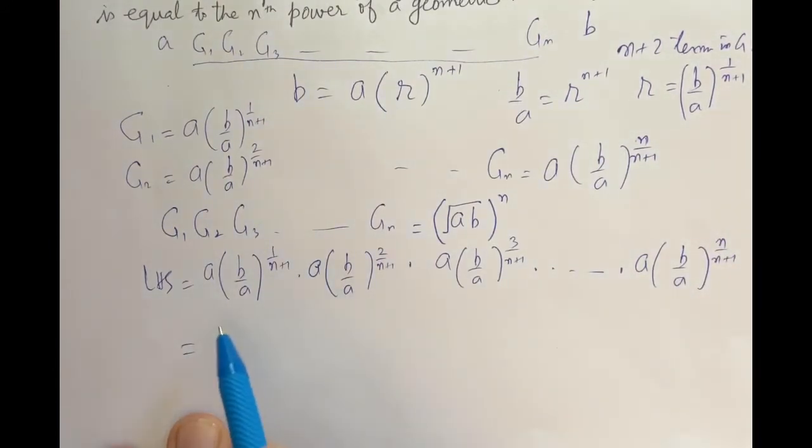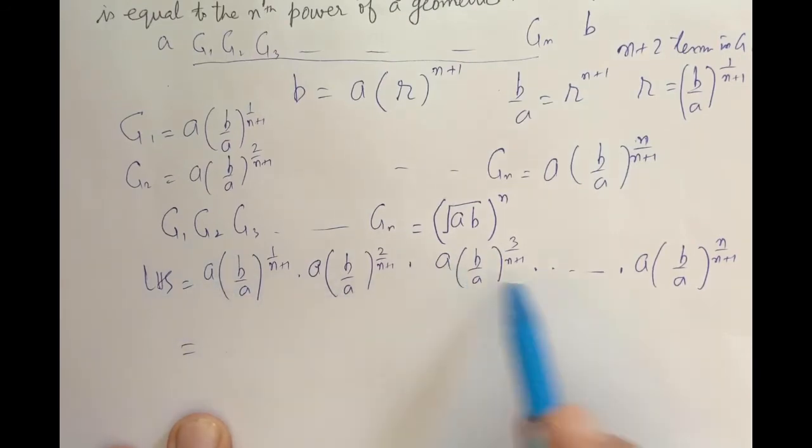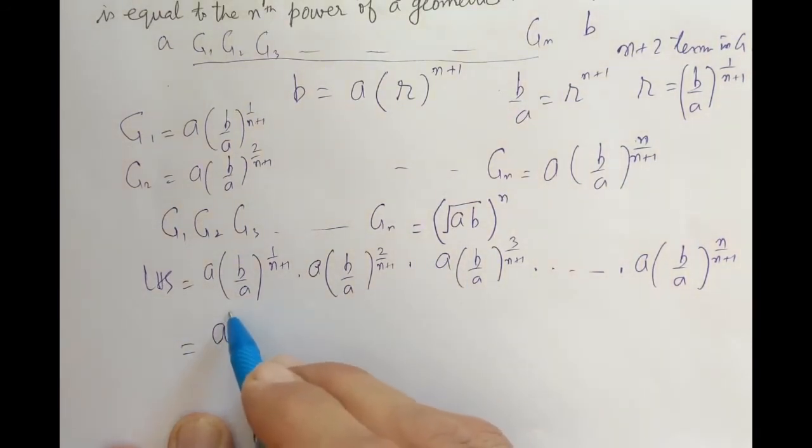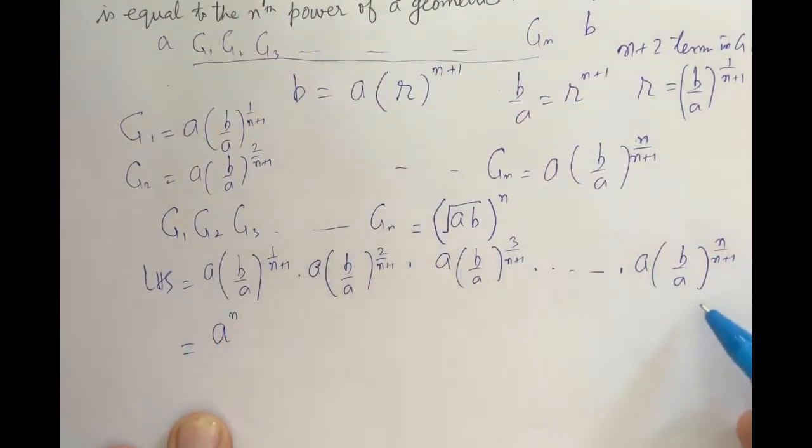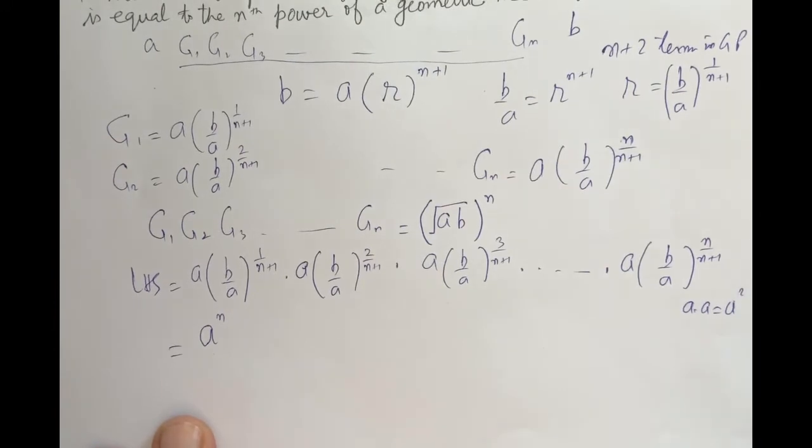This is a into a into a n times, that's a raised per n. A into a is a square, a raised per 2, and if we multiply a 3 times, a into a, that's a cube. So a into a n times is a raised per n.